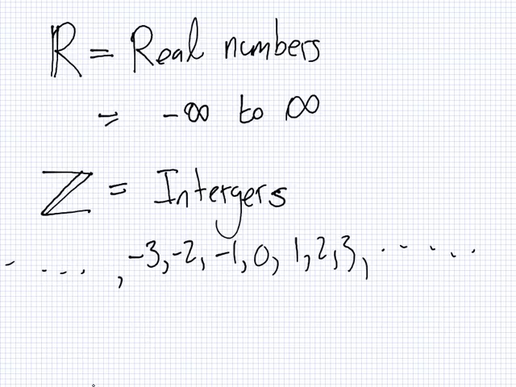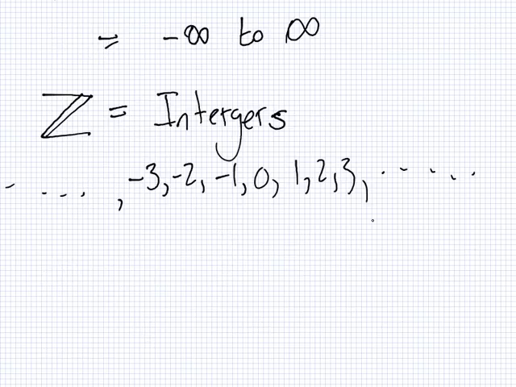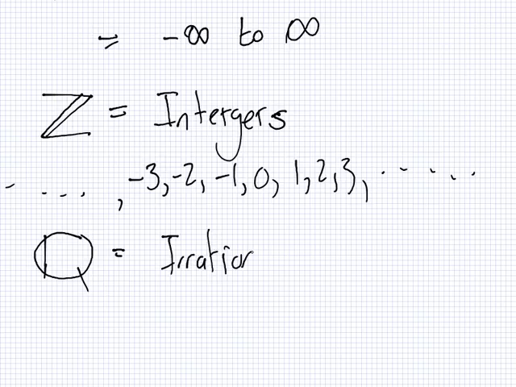And then the next one we'll do, although I don't have it here, but I think it's good to see why they're all together. This Q set. Irrational. That means like decimal points, right?